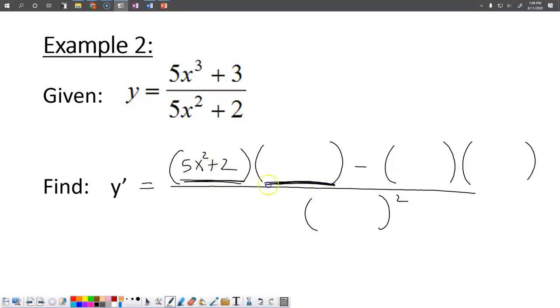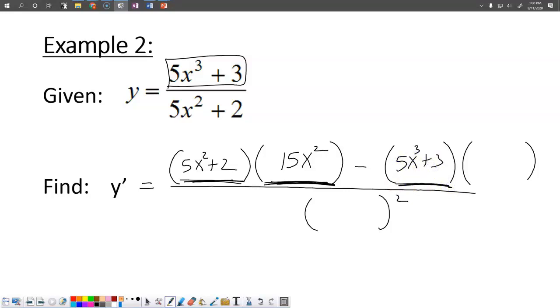What goes here is the derivative of the high function. Low d high, right? So d high, the derivative of the high function, would be 15x squared. So low d high minus high d low.